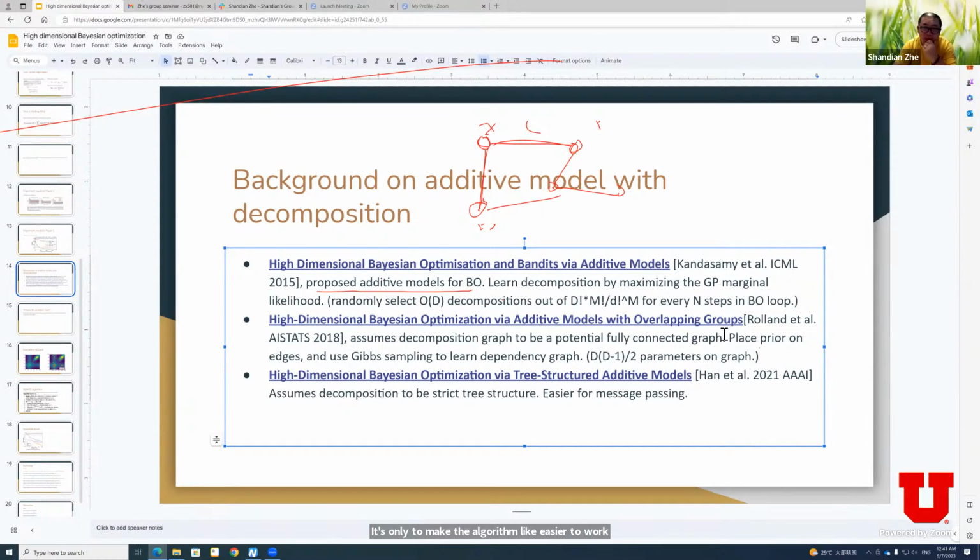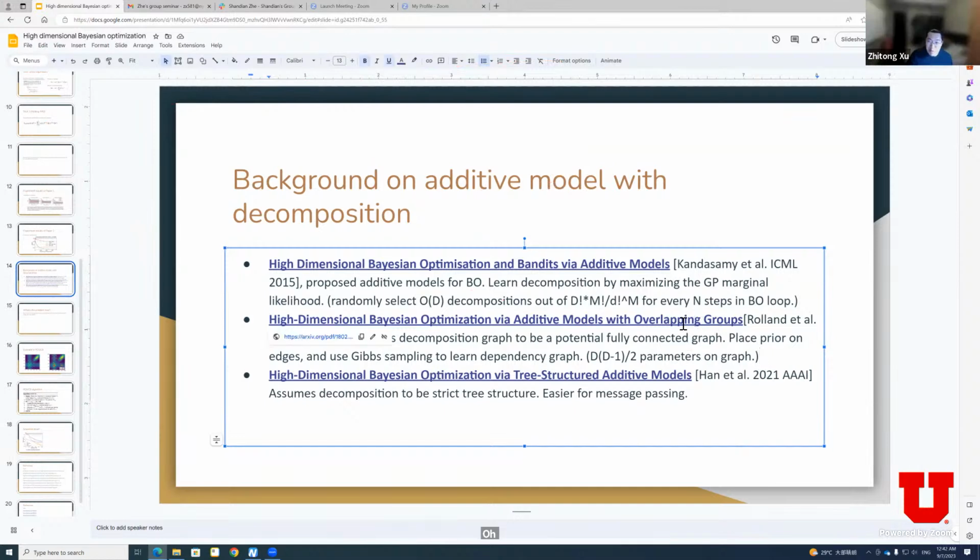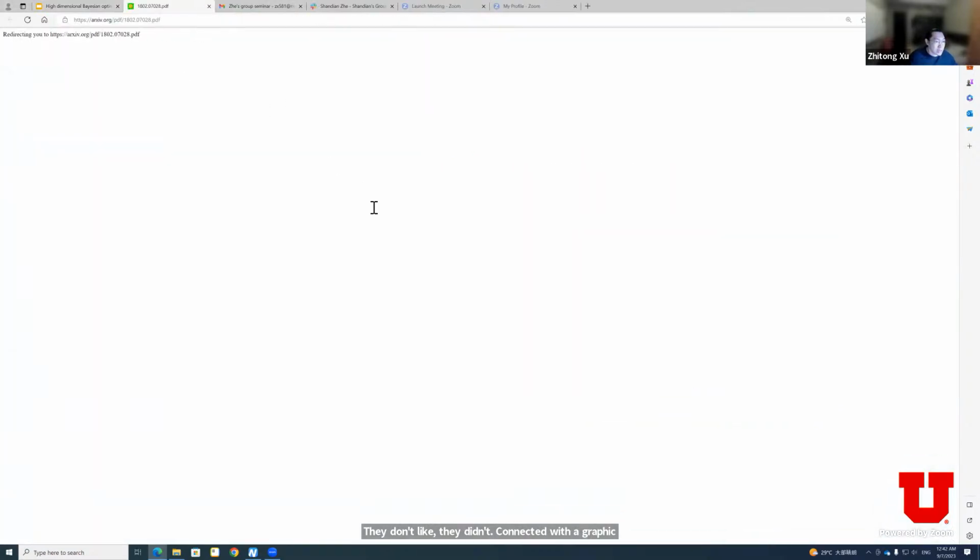Okay, there must be some definition on that. Otherwise, how do you get the structure? They didn't connect this with the graphic model. I can show that paper right now.